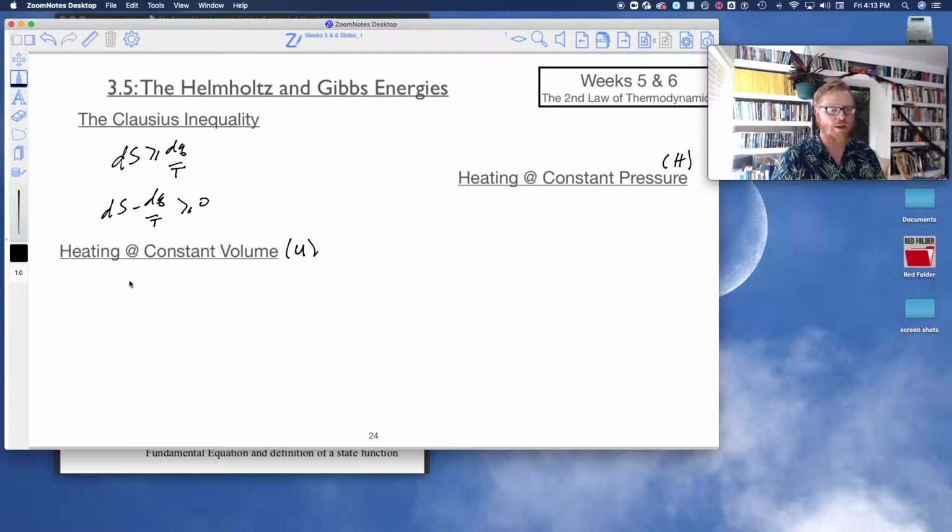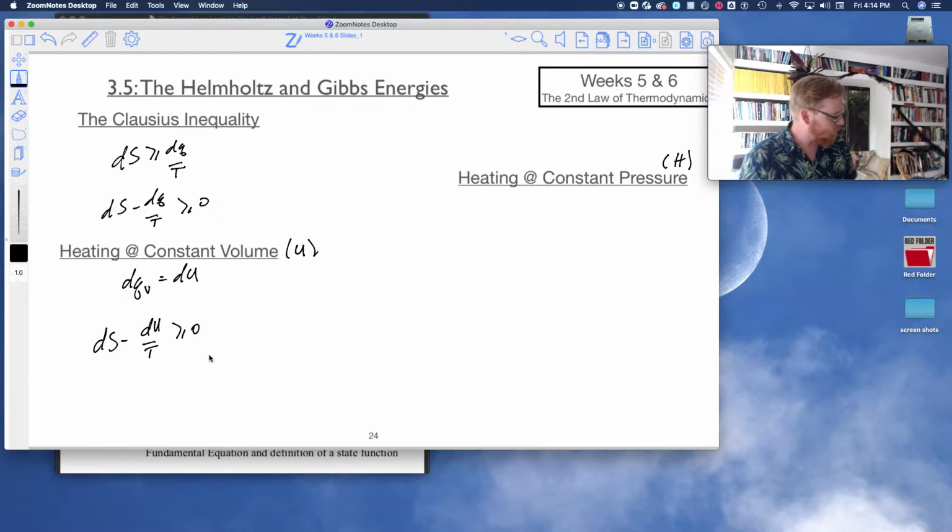So we recall heating at constant volume, so dqV gives me dU, because there's no work done, so the work is 0. Okay? And so now considering this relationship right here, if I'm talking about constant volume, then I can rewrite this as dS minus dU divided by T must be greater than or equal to 0.